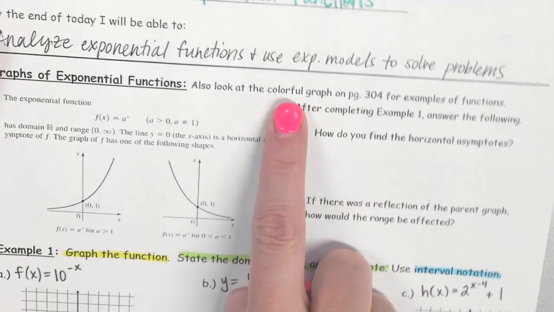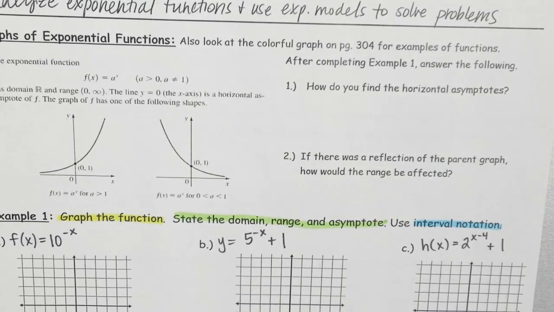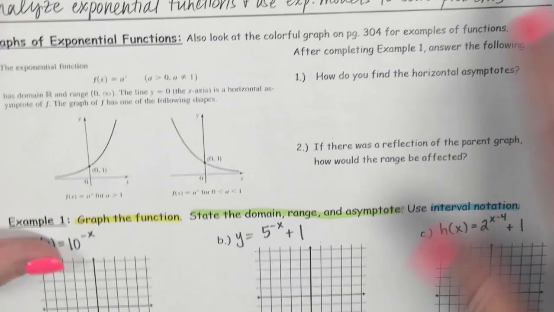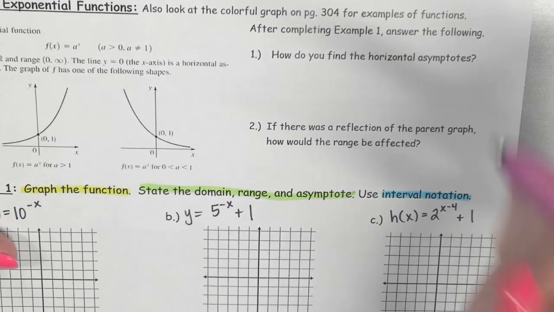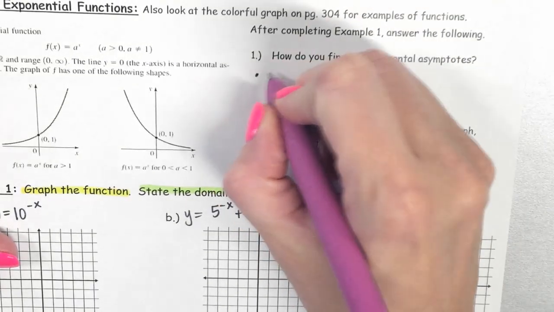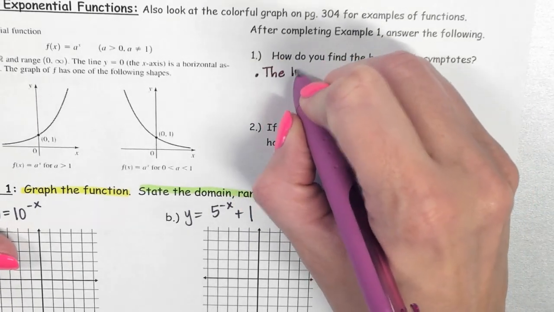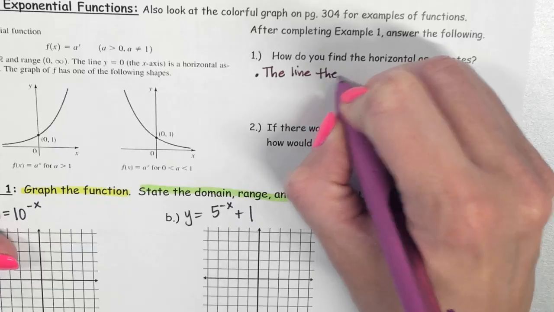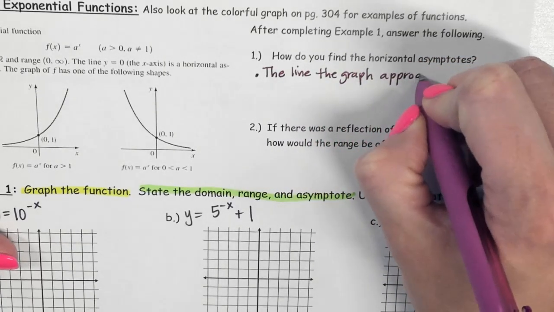Okay, I'm going to show you this graph, and it says, after completing example 1, answer the following. So how do you find the horizontal asymptotes? There's 2 ways that you can do this. In both of the graphs, you can find the line the graph approaches. So it's getting closer and closer to that value.